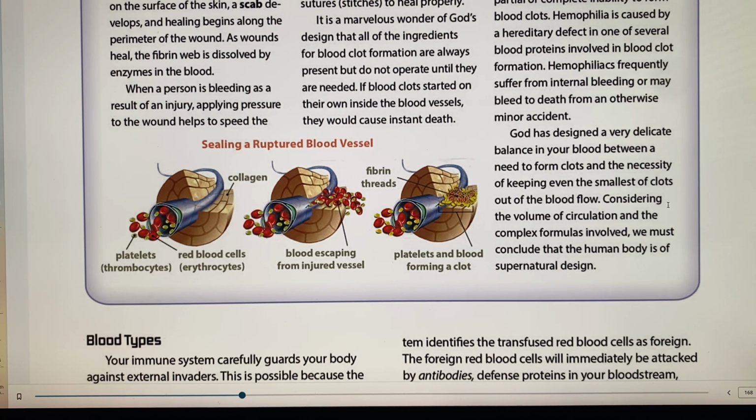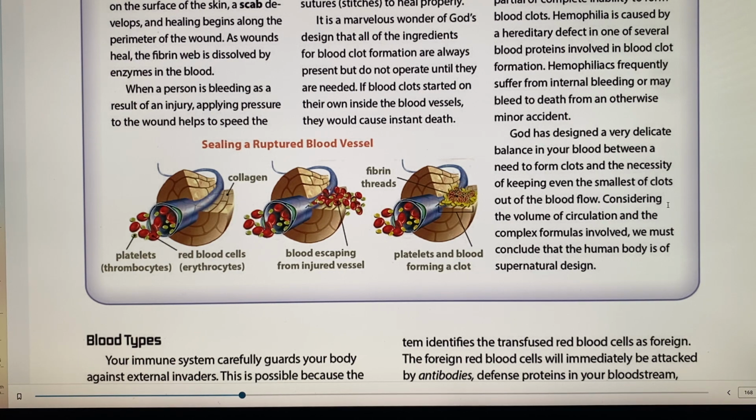So let me go over that. First you have prothrombin, and it turns into thrombin, an enzyme, and it activates the platelets, which are thrombocytes, right? To produce a clot, forming a blood clot or a scab.